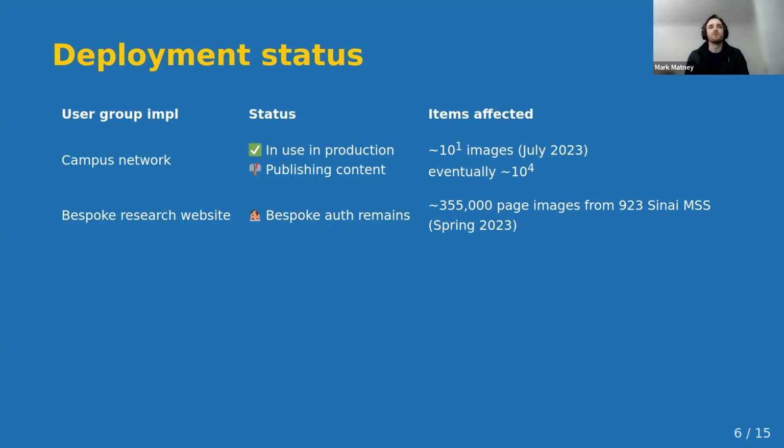And although the bespoke research website use case is implemented for the Sinai manuscript digital library materials, the bespoke auth system remains in place. But that has been tested in development, and I have a high level of confidence that it will work once we begin that migration process.